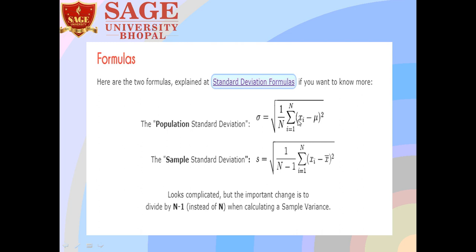In the case of a sample, we decrease the denominator value as a correction. Since a sample is smaller, we reduce the denominator itself. We calculate this on the sample value and then apply it to our population.